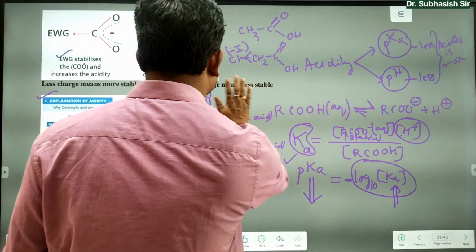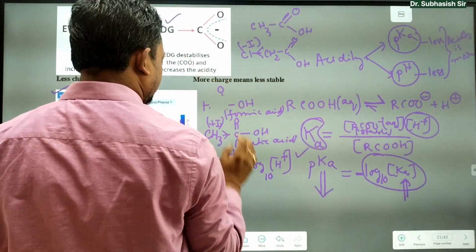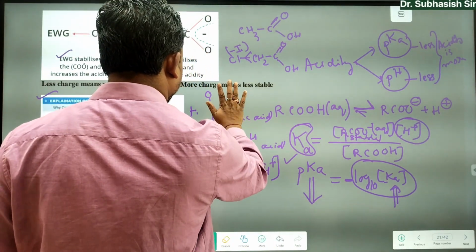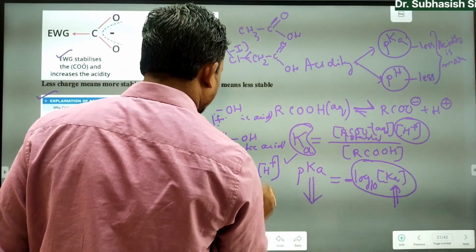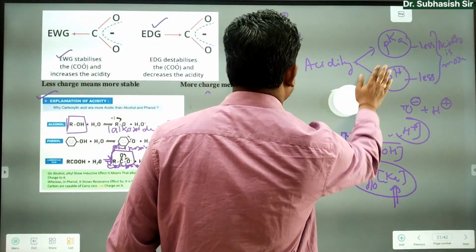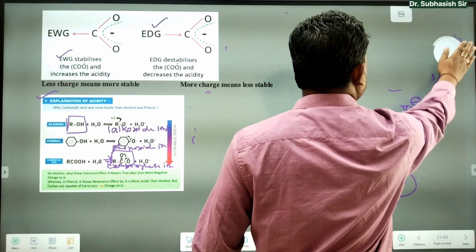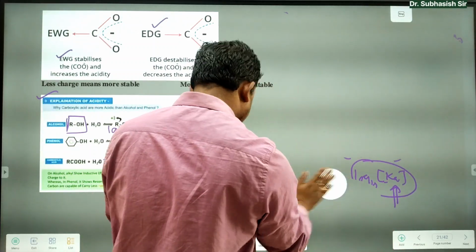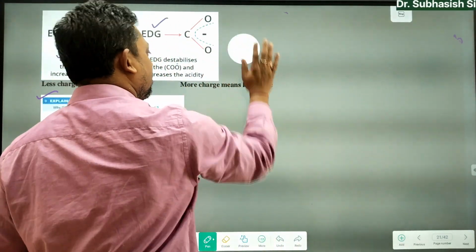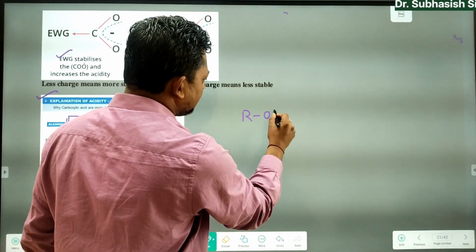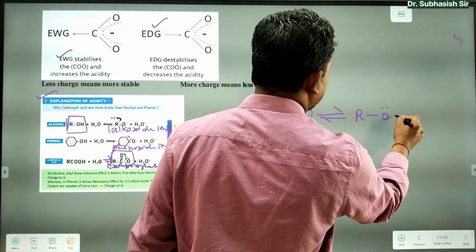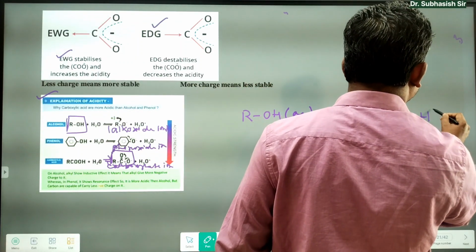For example, alcohol, if you dissociate in water, it will form this RO negative, that is called alkoxide ion, and it will release obviously a proton.